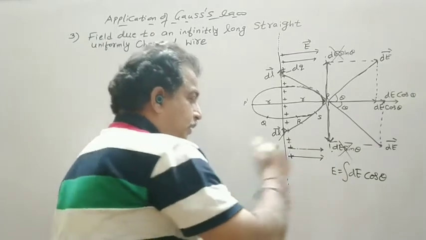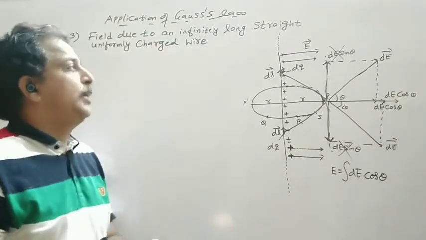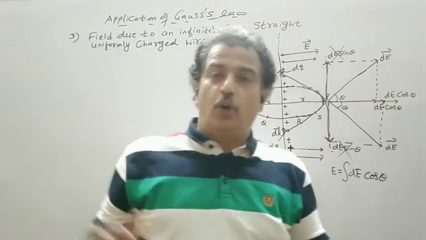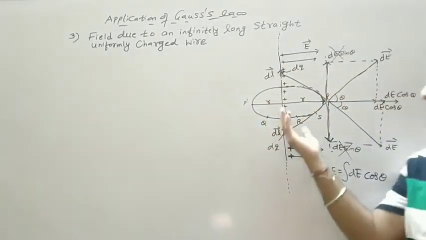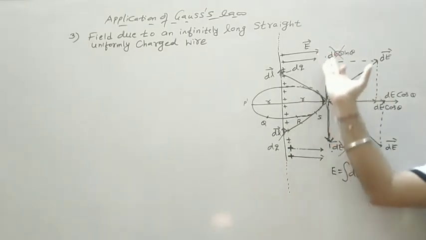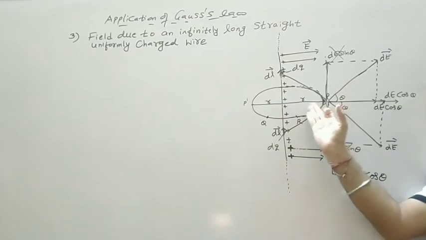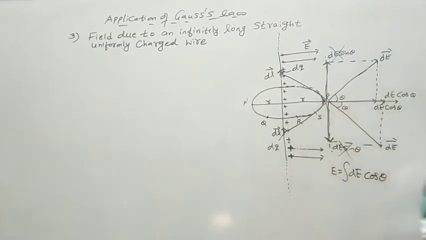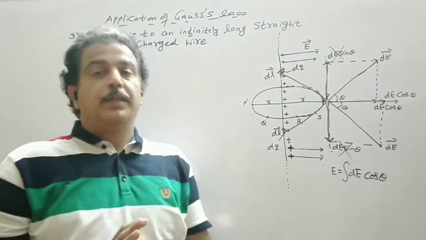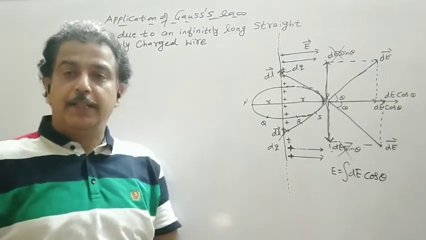So this is the proper way to understand that if you take an infinitely long wire, the electric field lines are radially outward, because these two components which are normal to the r vector or radius vector cancel each other. So now we assume and we consider that the field lines will be radial.